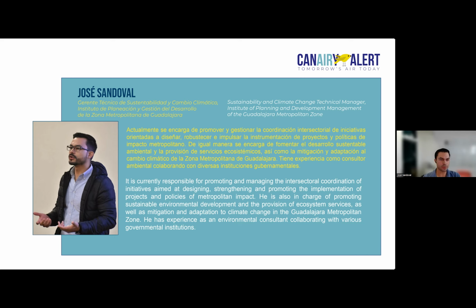So these are the 4 elements that make our instrument participatory, these 4 components that I spoke about.